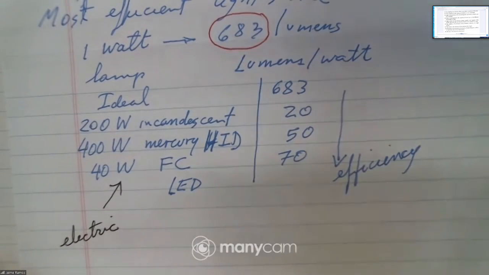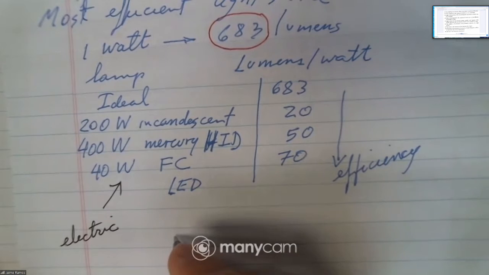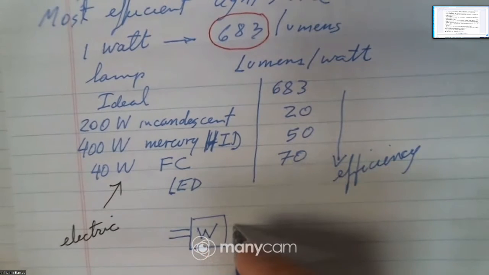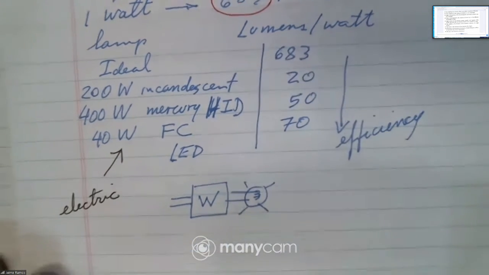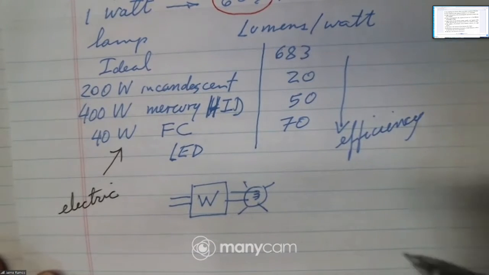So imagine you have your two wires through a watt meter, and then here you have your lamp, and then here you have your detector.